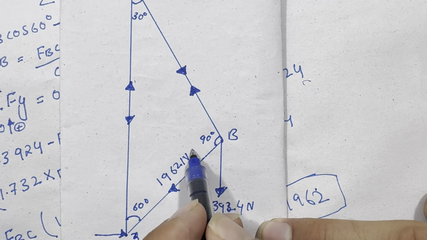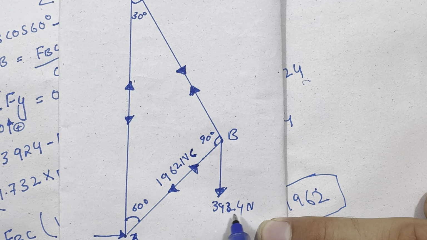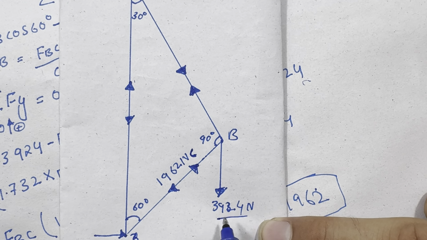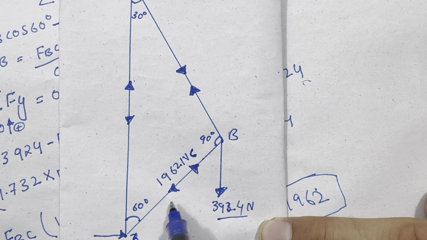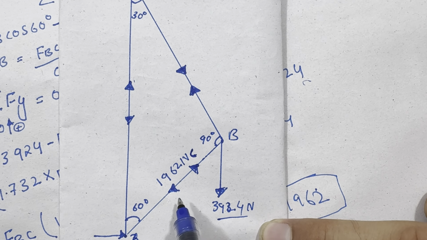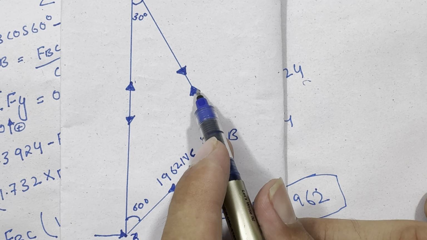This will be in compression because the load is acting downward, so this member will be compressed and this member will be in tension.